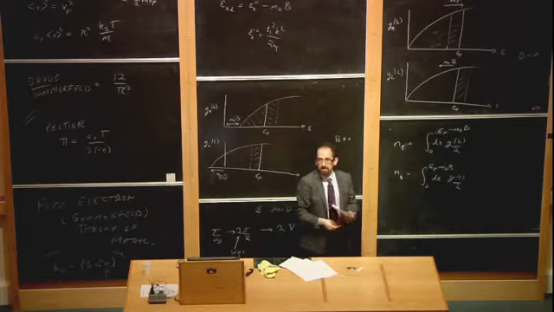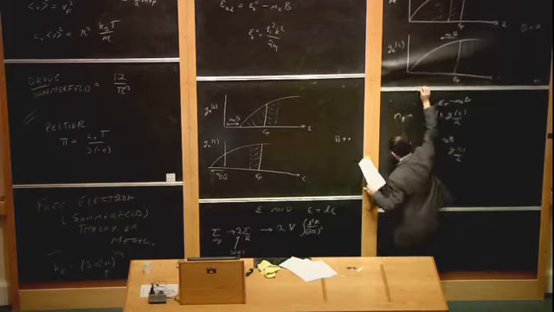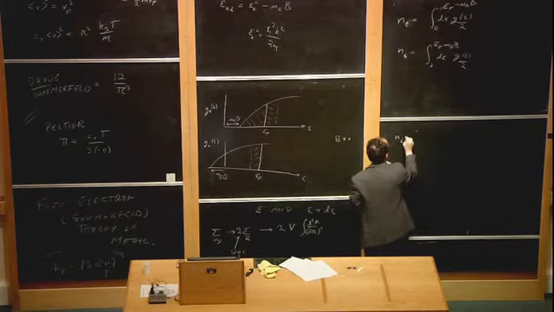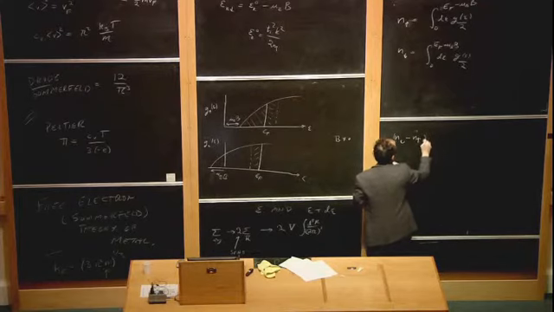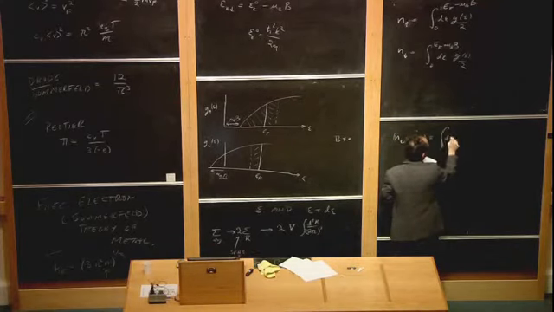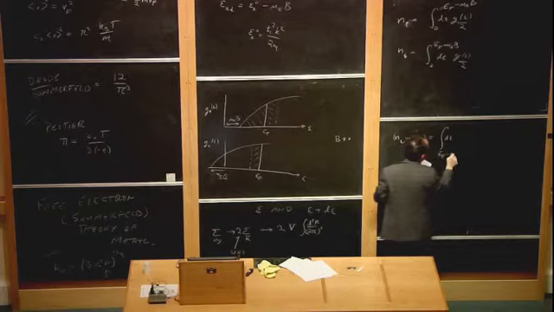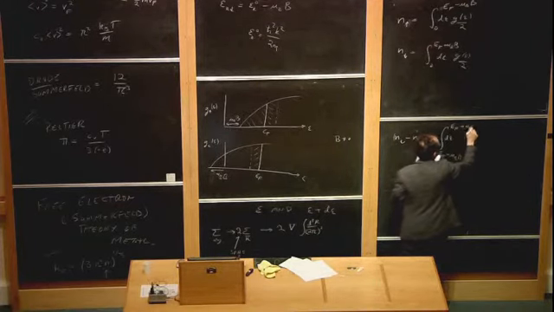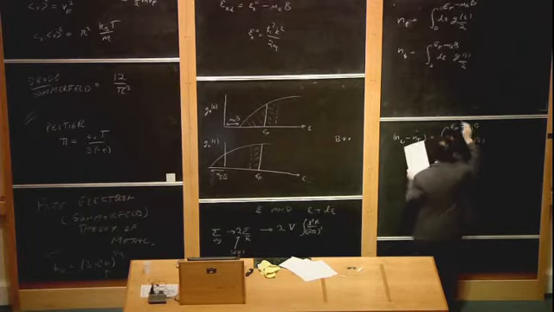Is that clear? All right, so we're almost there. So now what I want is to calculate n down minus n up, which is the integral dE from EF minus mu_B B to EF plus mu_B B of g of E over 2.